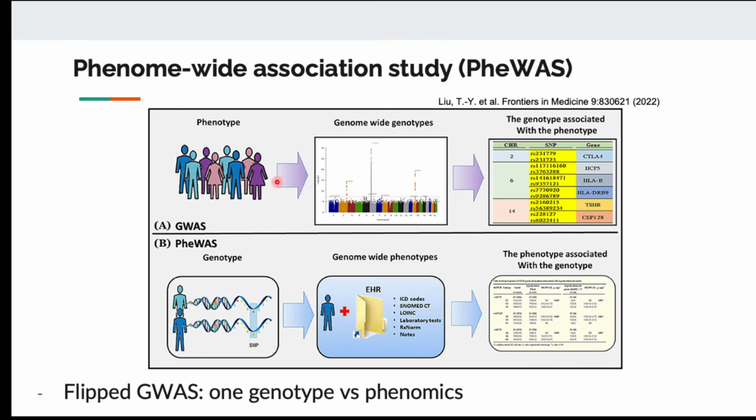So instead of one phenotype and all variants, now we're going to pick one variant and all phenotypes. This way, we want to understand how this variant can explain the combination of phenotypes of the patient. And we have to repeat this for different genotypes. So you can see how the focus is flipped.